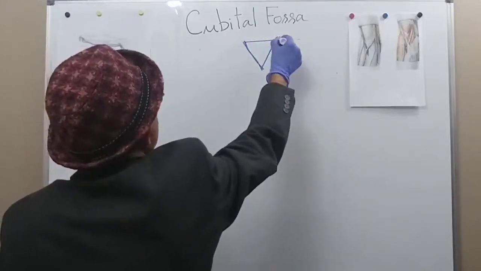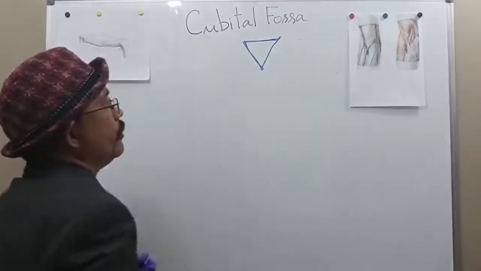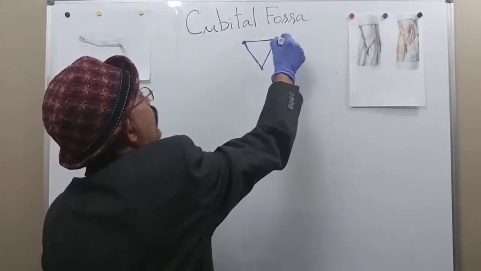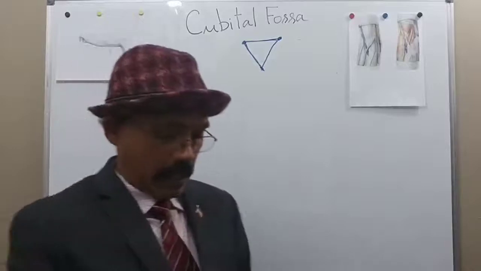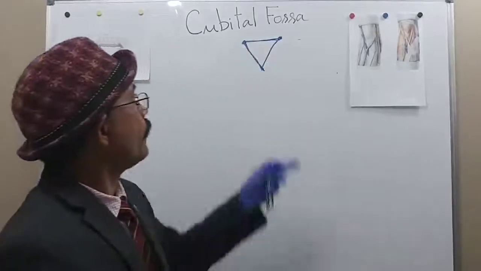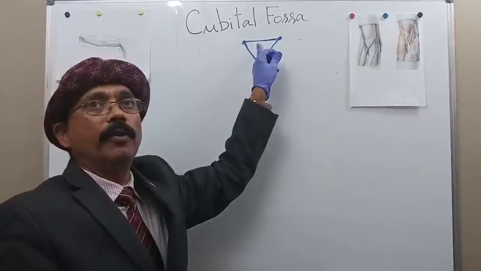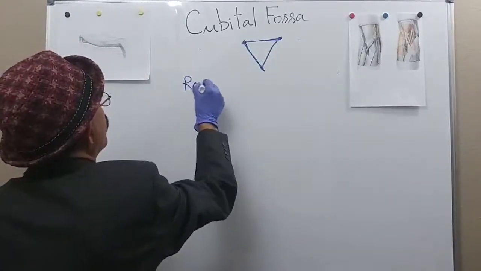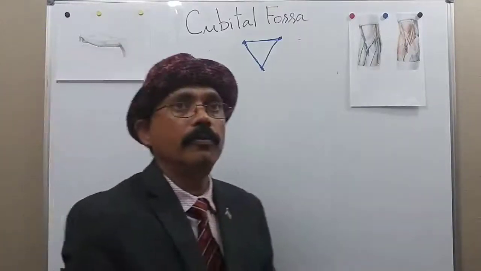This is the connection between the lateral epicondyle and medial epicondyle. So this is the lateral epicondyle, this is the medial epicondyle, this is the apex. Ideally, this is a triangular space, so it should have a roof. Okay, how is the roof of the cubital fossa formed?